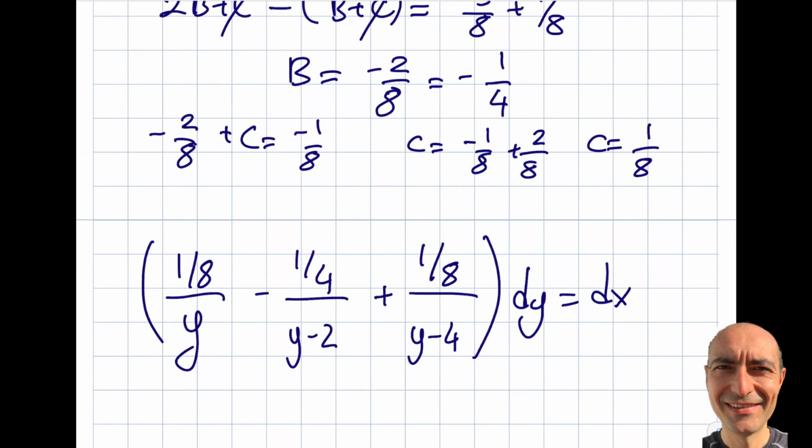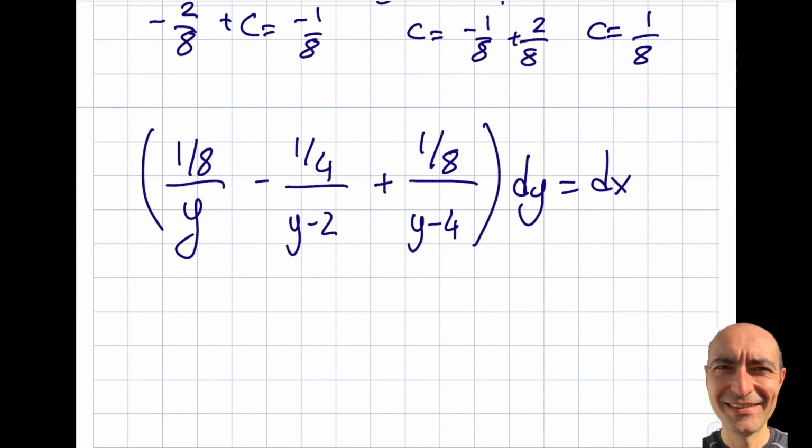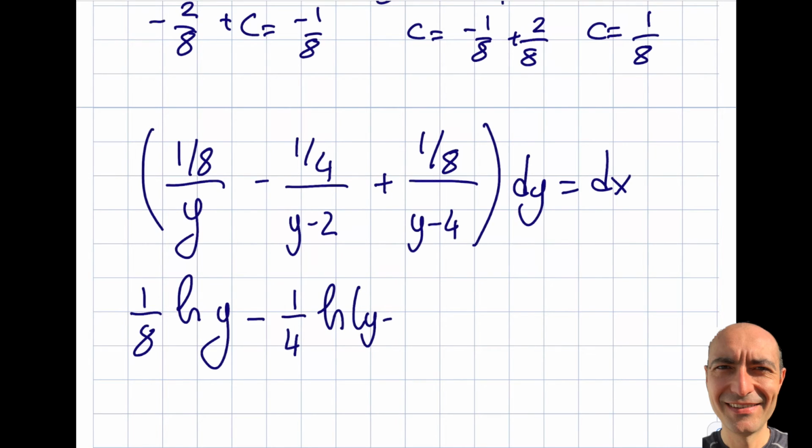I simply rewrite this equation this way, and then I'm going to take the integral of both sides. If I take the integral of the left hand side, you do realize this is ln y, so 1/8 times ln y, minus 1/4 of ln y minus 2, plus 1/8 times ln y minus 4, will be equal to the integral of the right hand side, which is x plus c.